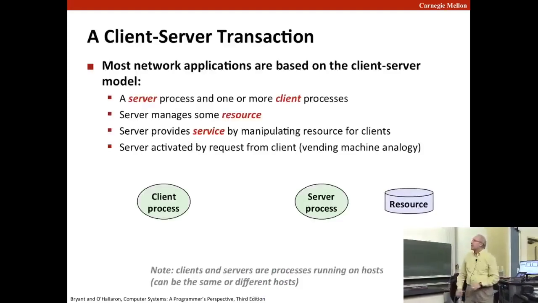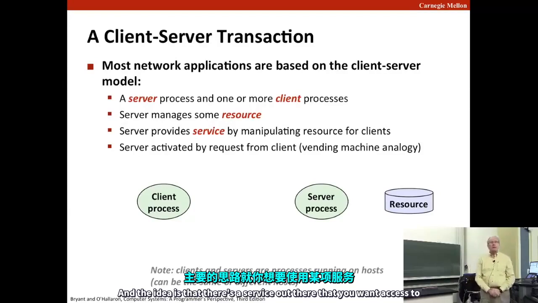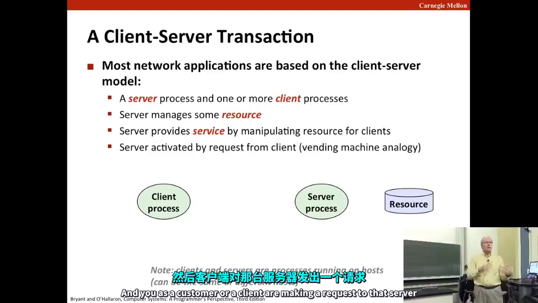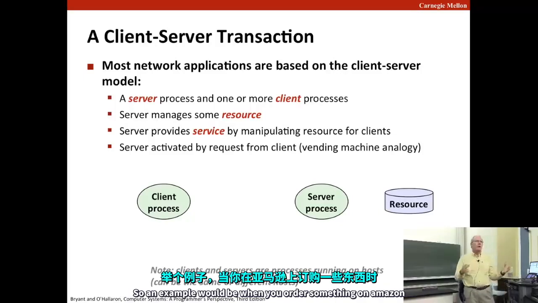So the idea behind most networking systems is what's called the client-server model. And the idea is that there's a service out there that you want access to, and you as a customer or a client are making a request to that server. So an example would be when you order something on Amazon.